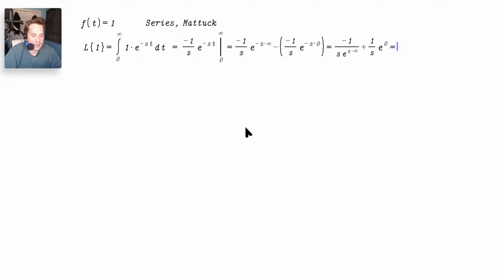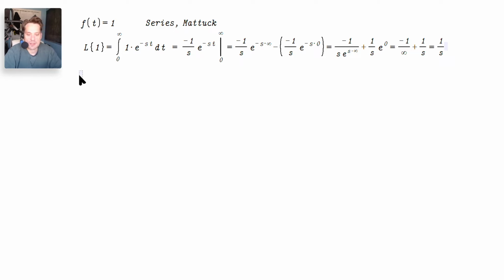Whatever s happens to be, it's usually meant to be a positive number here, otherwise this doesn't converge. I'll show that in a second. So the point is that you're going to have s times a huge value in the bottom, so it's going to be 0. Plus 1 over s, which is then just 1 over s, because e to the 0 is 1. So you have 1 over s.